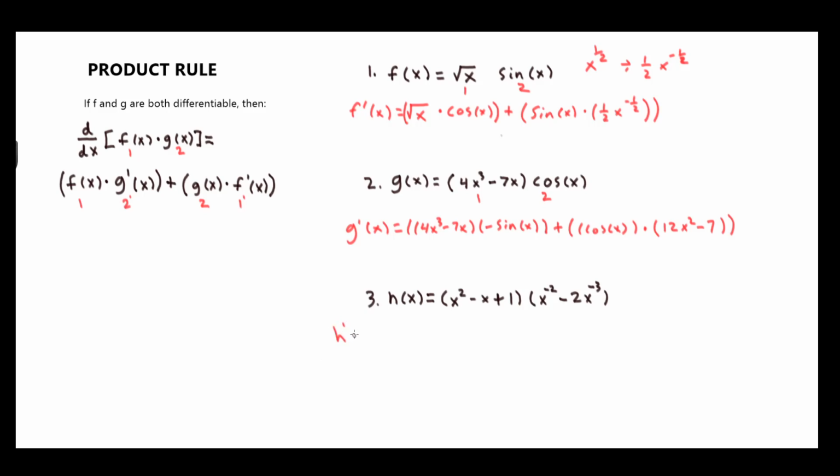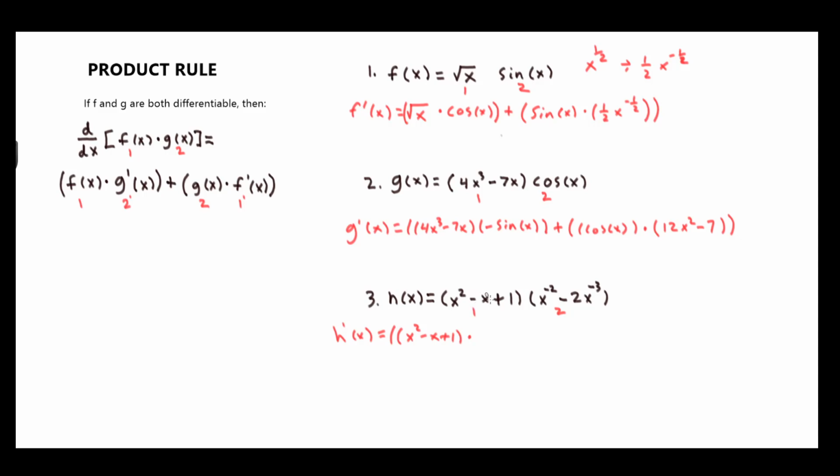Now for our third example here. Once again, we have two functions that are being multiplied together. So we'll call this our first one, and then we'll call this our second function. So with the product rule, we just write down our first function.